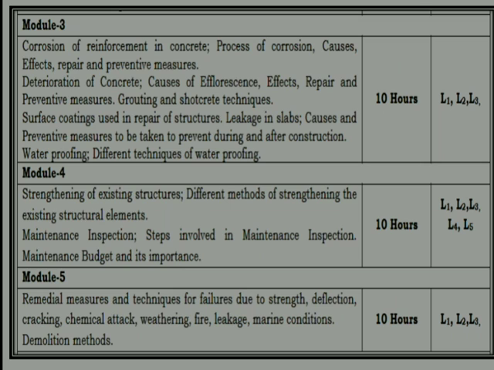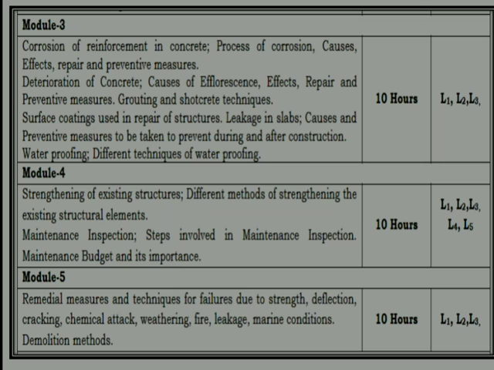Then in the third module, we will come across one of the most common causes of deterioration, which is corrosion. We will understand the reasons because of which corrosion occurs, the process of corrosion, its effects, and further the repair and preventive measures. Then we will focus on concrete deterioration such as efflorescence.